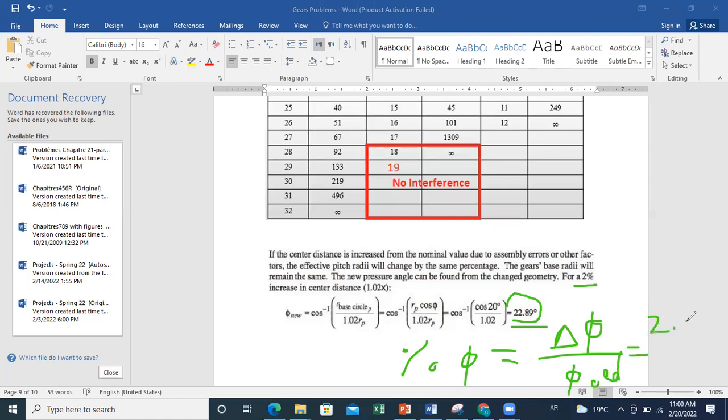You can see that the percentage of variation for the pressure angle is relatively high compared to the one of the center distance. For a 2% variation in the center distance, the pressure angle varies by nearly above 10%. This is why we should avoid any assembly errors, because it will affect the operation of our gear system. So this is for gears problems.